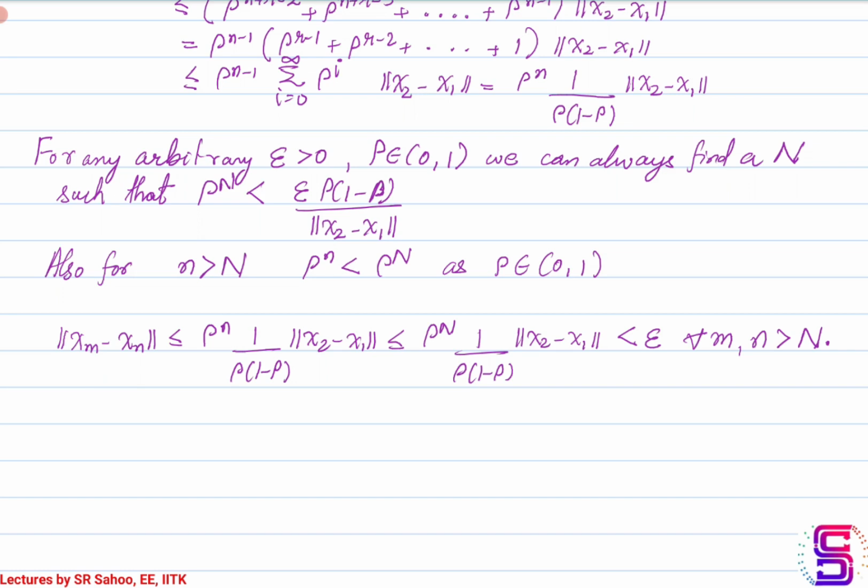So I was given any arbitrary epsilon, and I can find an N so that norm of x_m minus x_n is less than that epsilon. So this implies the second part, that the sequence that we are considering is Cauchy.